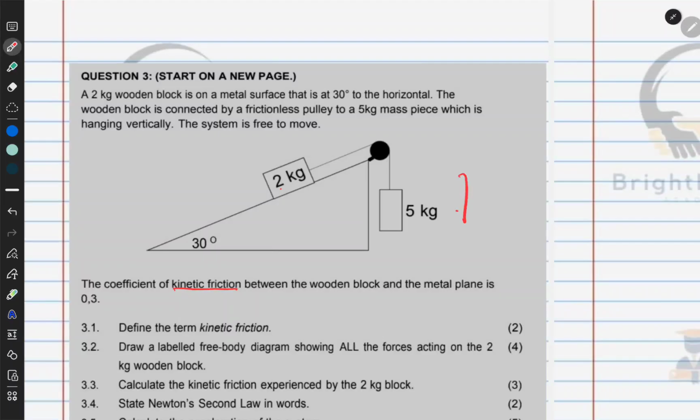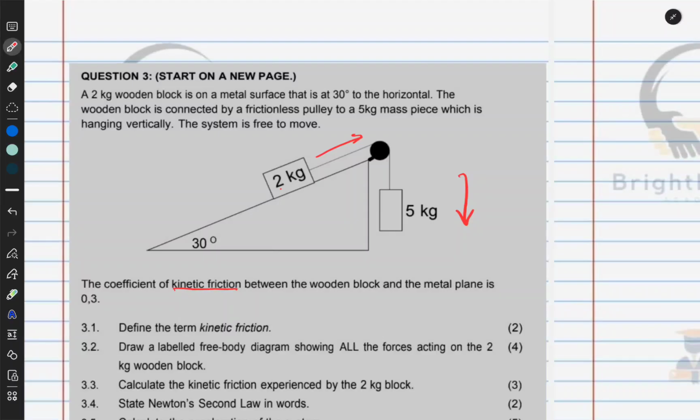If it is moving, we know for a fact that it's moving downwards when we look at it from the 5 kilogram box's perspective, but it's moving upwards when we look at it from the perspective of the 2 kilogram block. Of course, in physics, we don't say perspective. I'm just using it so that you get the gist of what we're saying.